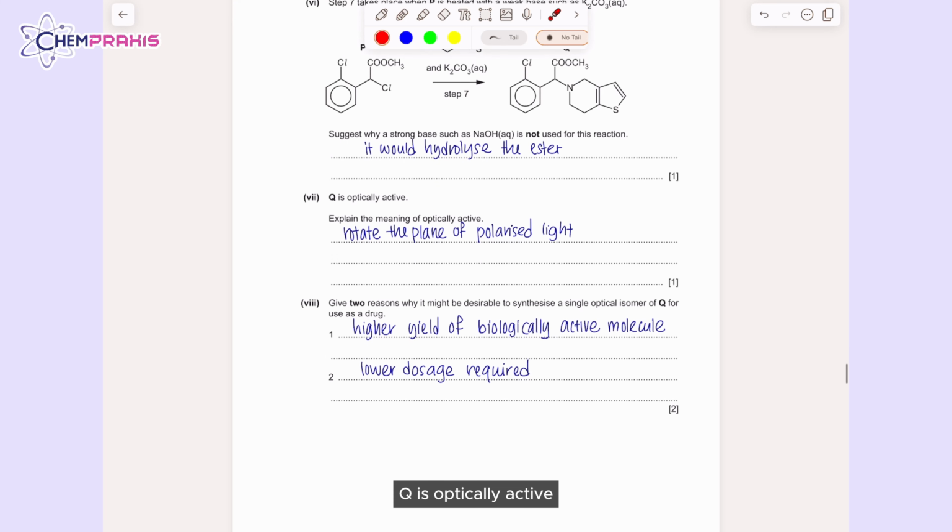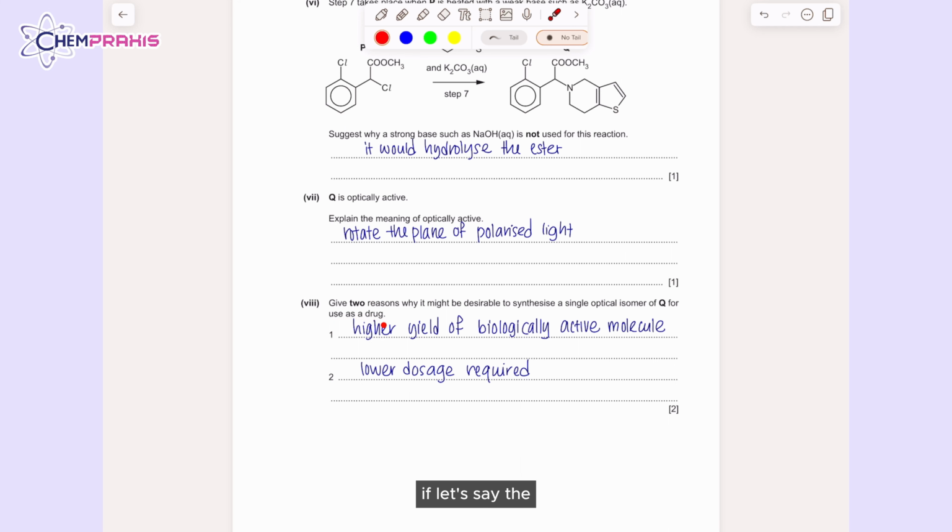Q is optically active. Explain the meaning of optically active: it can rotate the plane of polarized light. I know that some students like to write chiral carbon, but in A2 we prefer this answer rather than chiral carbon. Give 2 reasons why it might be desirable to synthesize a single optical isomer of Q for use as a drug.